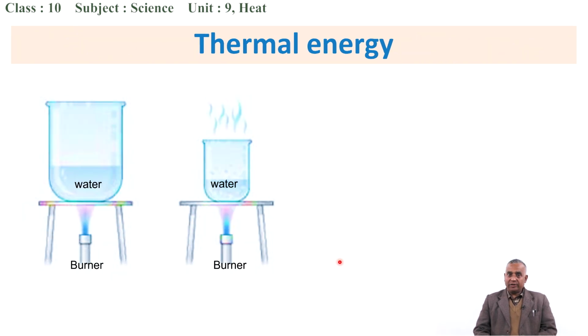Okay students, at first think about these two diagrams. Here one beaker is taken with more water, another with less water. Both of them are being heated by applying an equal amount of heat.